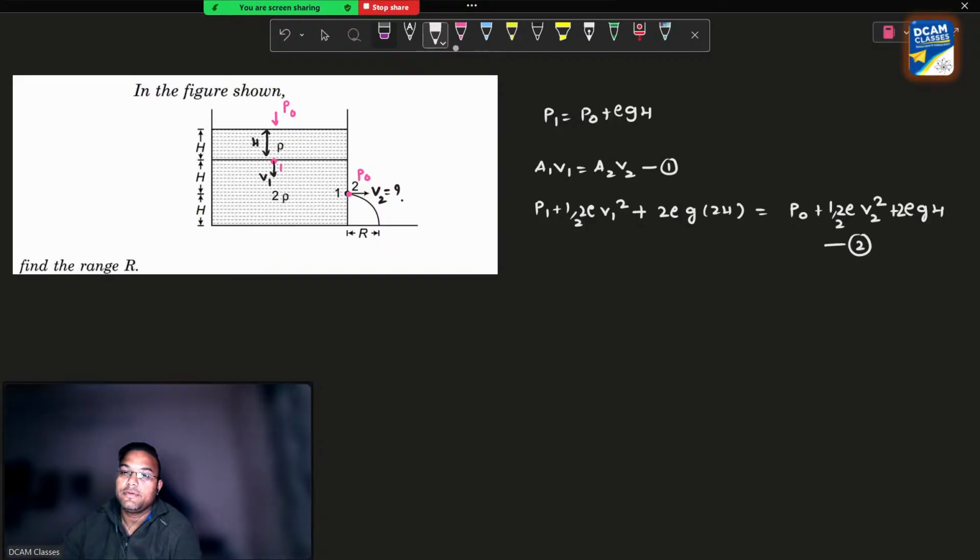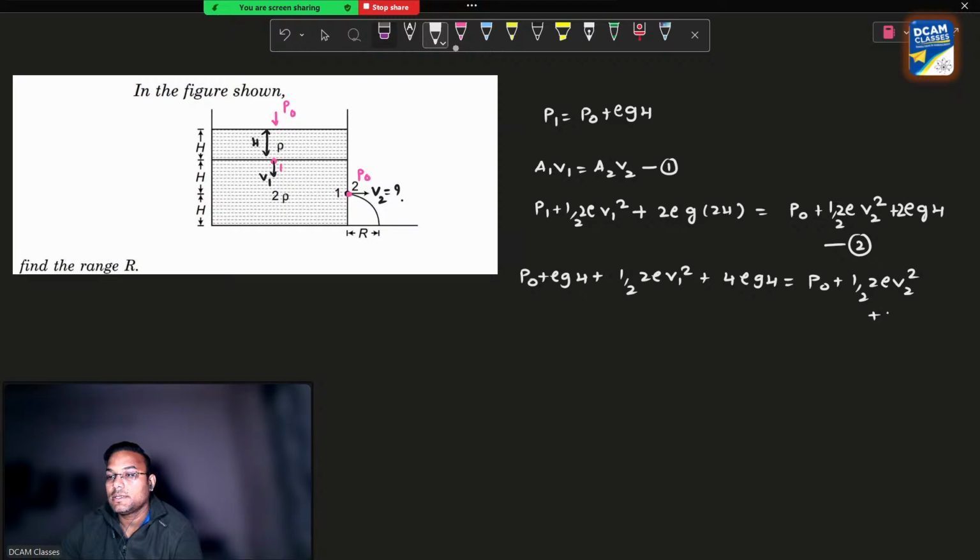So I'll write P naught, the P1 value, P naught plus rho GH, half 2 rho into V1 square plus 4 rho GH is equal to P naught plus half 2 rho into V2 square plus 2 rho GH.